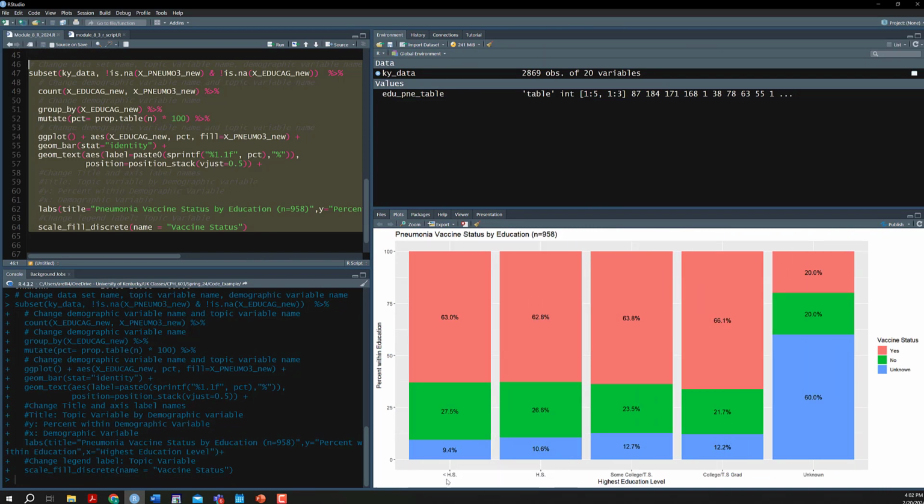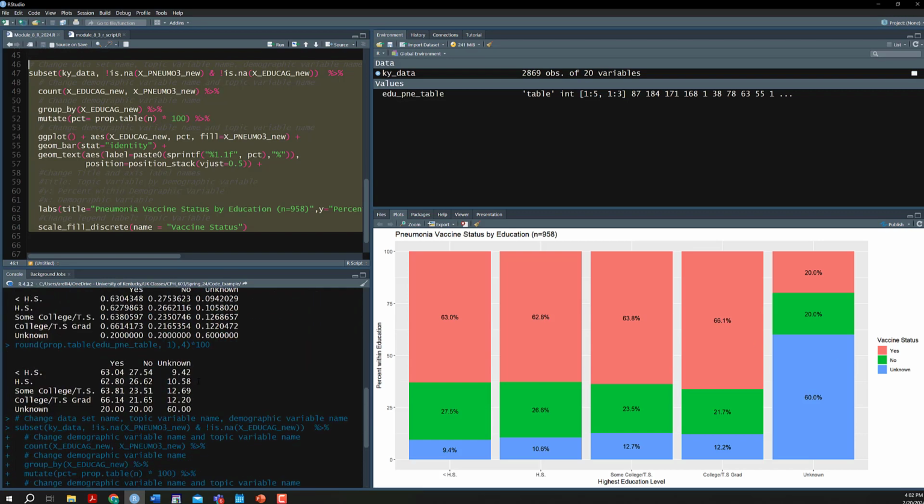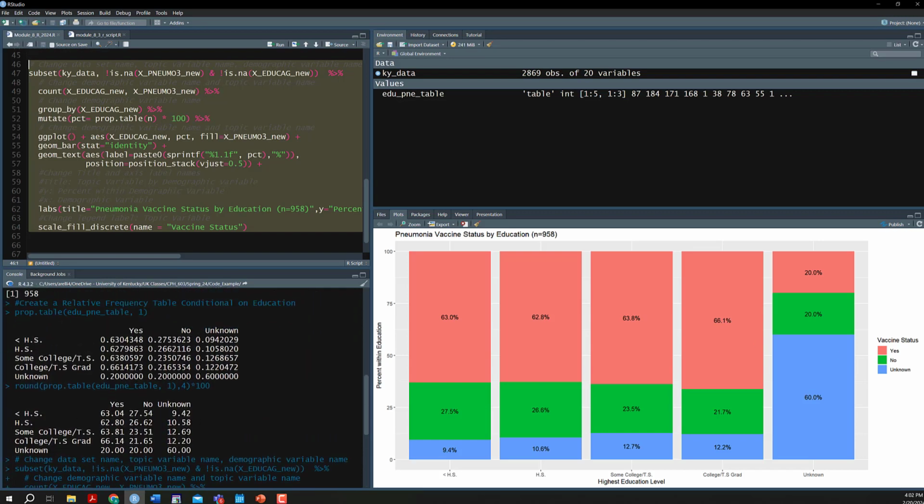Across here, we have our different levels of highest education level. We also have the percents that are within education level, and then we have our different vaccination statuses. If we compare this to our table, we can see that for those whose highest level of education is less than high school, 9.4% of them didn't know whether or not they had received the vaccine, 27.5% said no, they had not, and 63% said yes, they had.